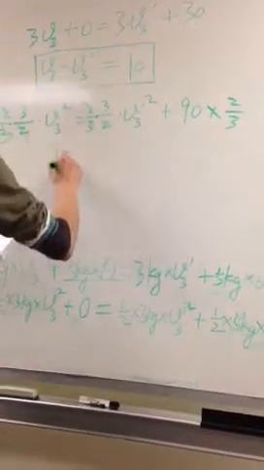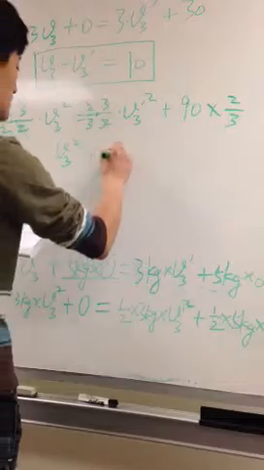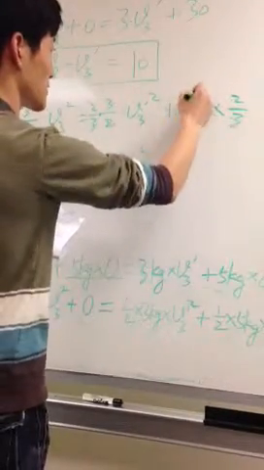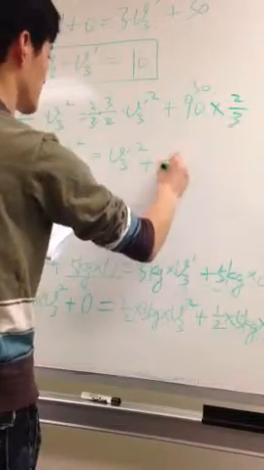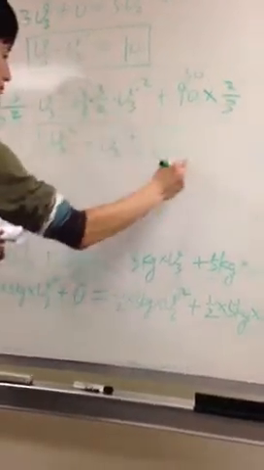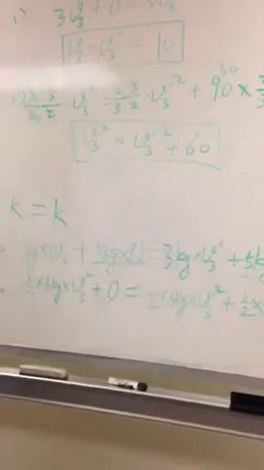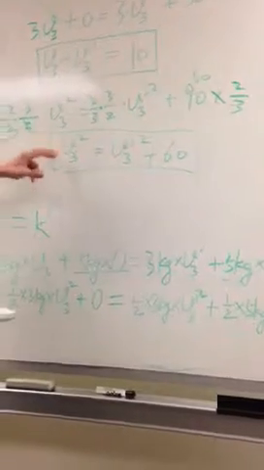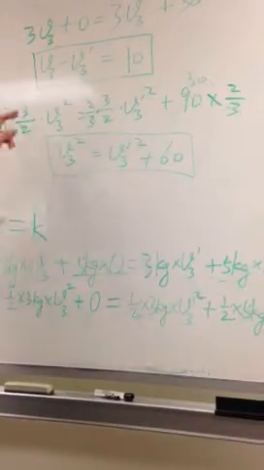Then you got 30 and 60. So you got this.